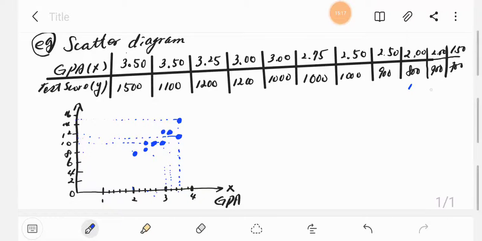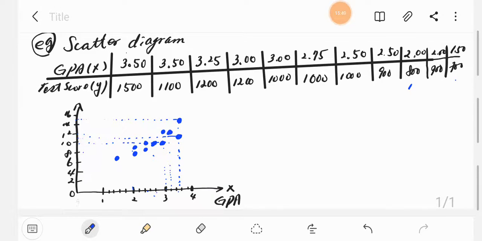For this one, GPA 2 and 900 is over here. The last one is 1.5, and the test score is 700, here.